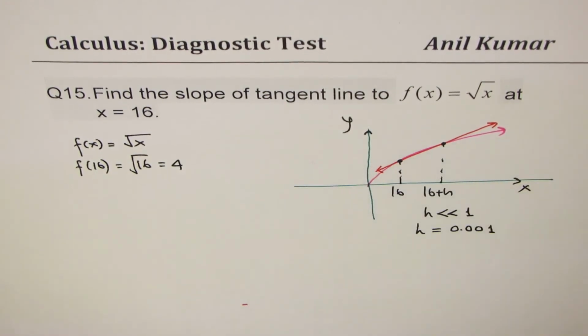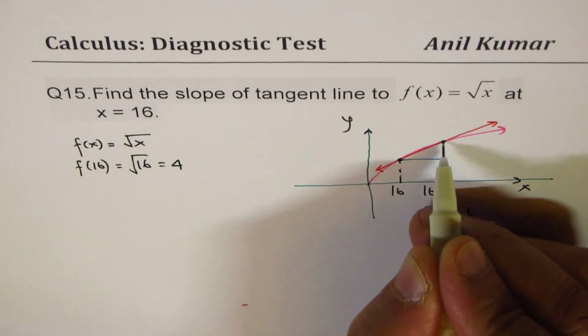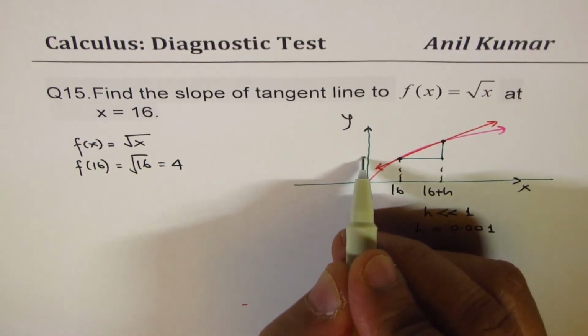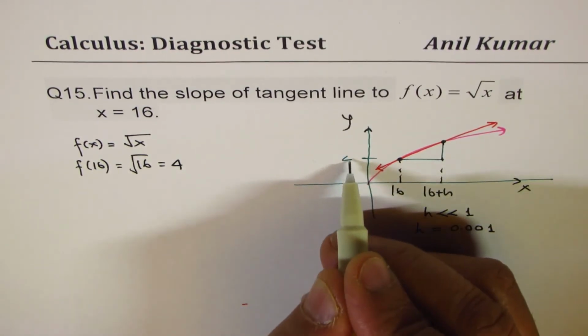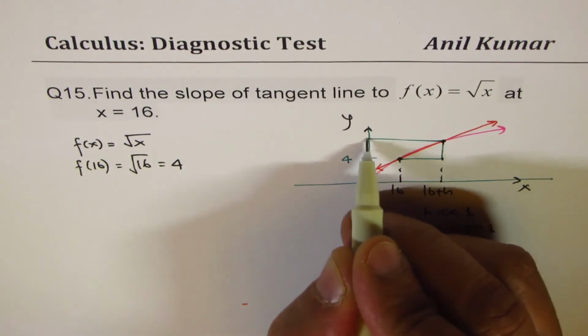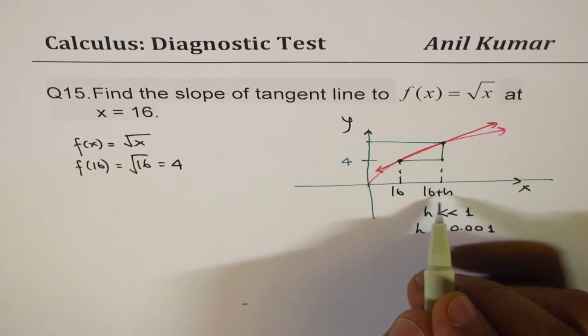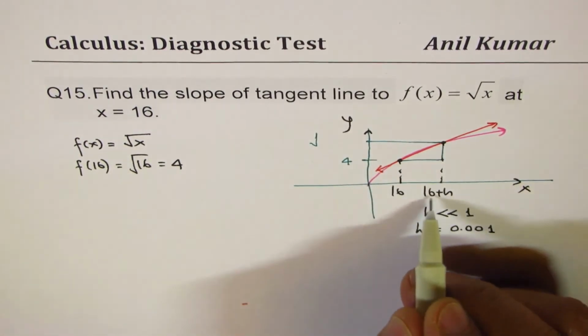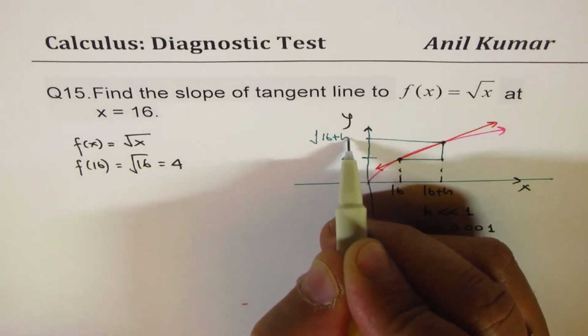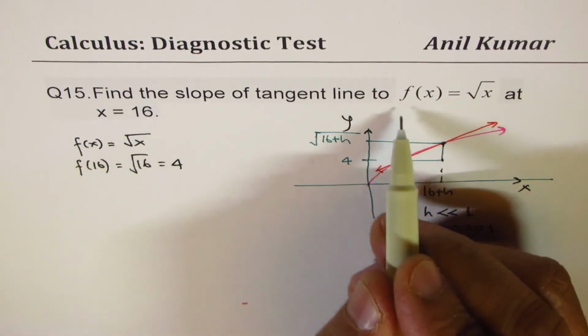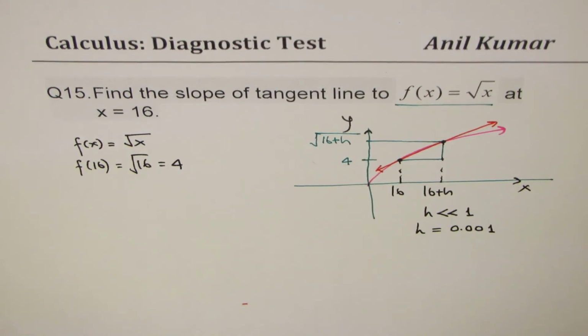Now, slope of this line clearly could be found like this. Is it okay? Rise over run. This is the value at 16 which we found as 4, and this value here will be square root of 16 plus h, right? Since the function is square root x. Does it make sense to you? Right.